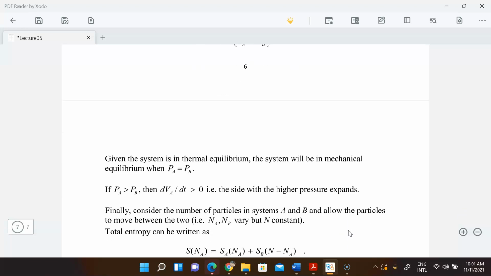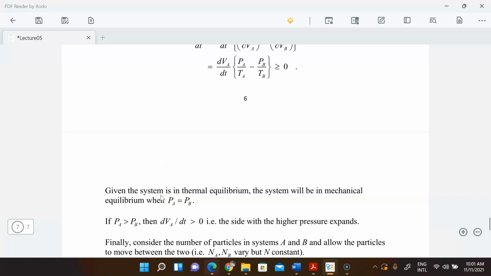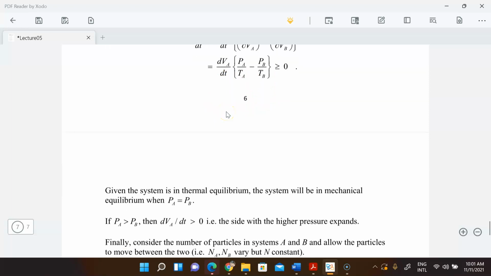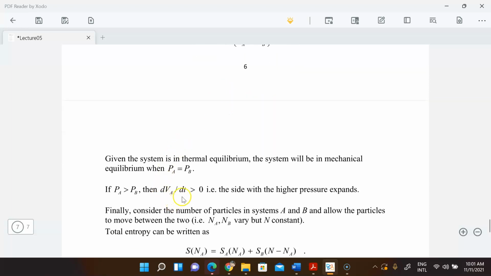Once that is done, then your system is in what we call mechanical equilibrium. So what about before that? Well, one case could be that the pressure of subsystem A might be bigger than the pressure of subsystem B. Then, if we look at the equation, we need this to be positive. With PA greater than PB, this factor is positive, so we need dVA/dt to be greater than 0.